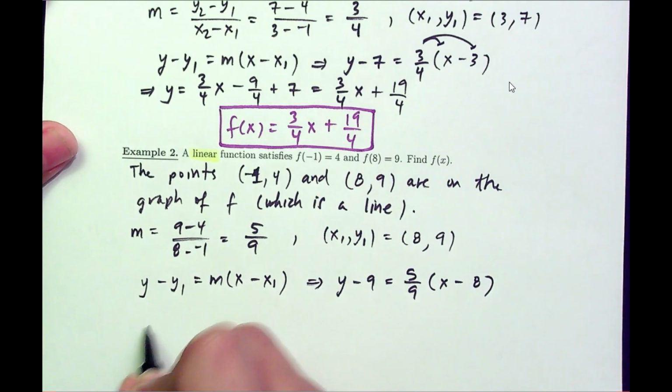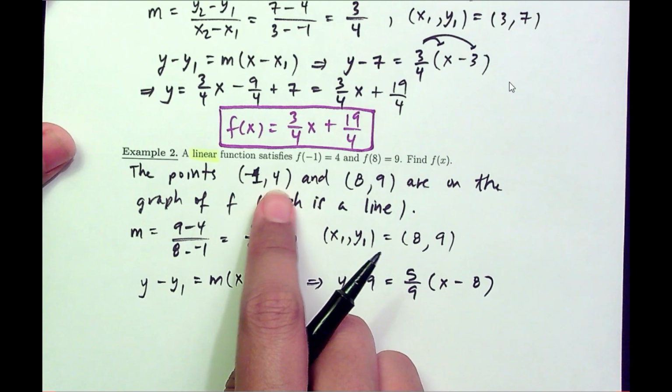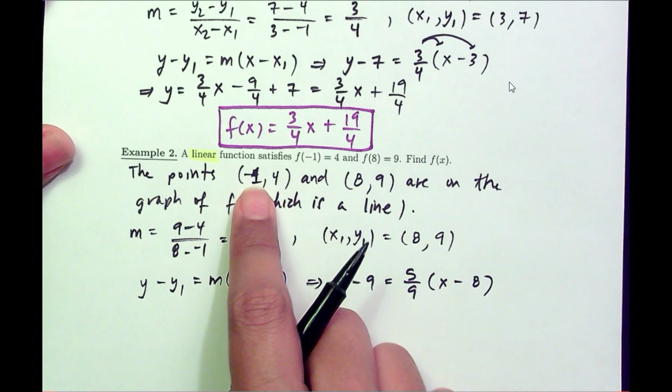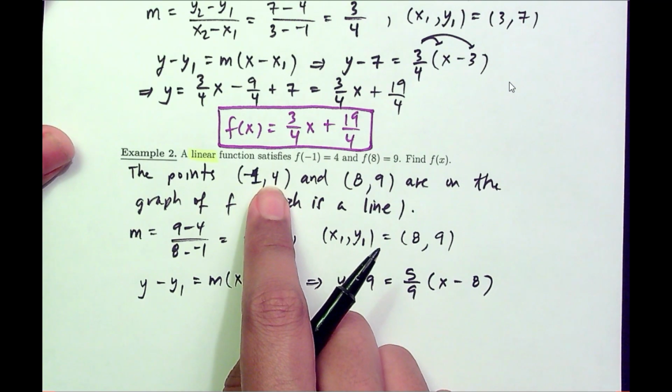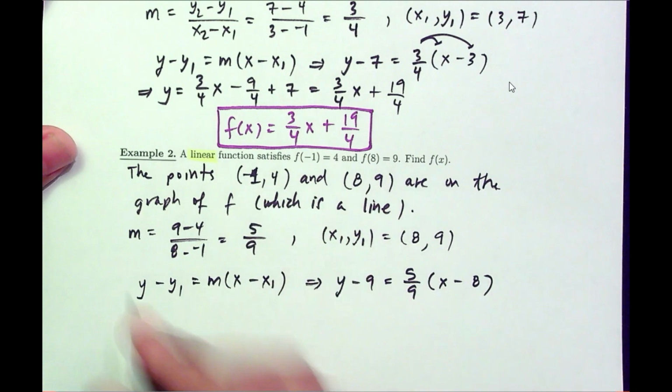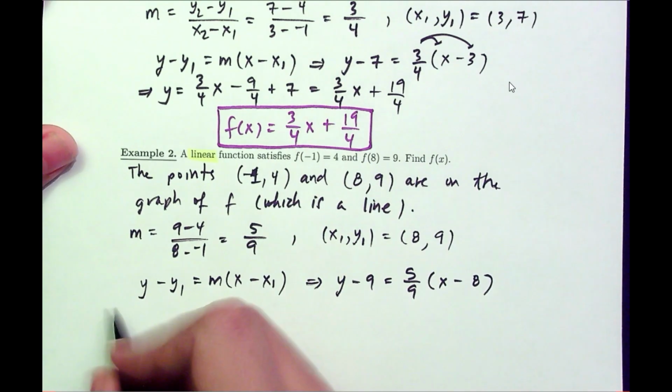Okay, so maybe in this case it would have been better to use that one, because even though you have negatives, the numbers are slightly smaller. But okay, whatever. You have a calculator, so this is not a big deal.